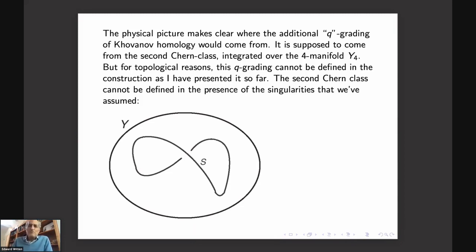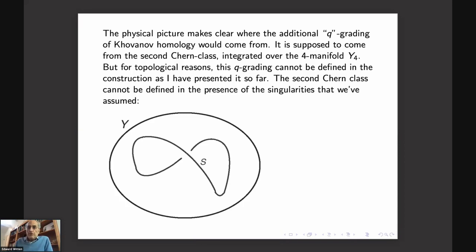I should simply say that to define the second Chern class of a bundle over a four manifold, it works fine if the four manifold is compact. Here it's not compact because the bundle doesn't extend over S. So some topological conditions would be needed along S to be able to define the second Chern class, and the necessary conditions are not satisfied.